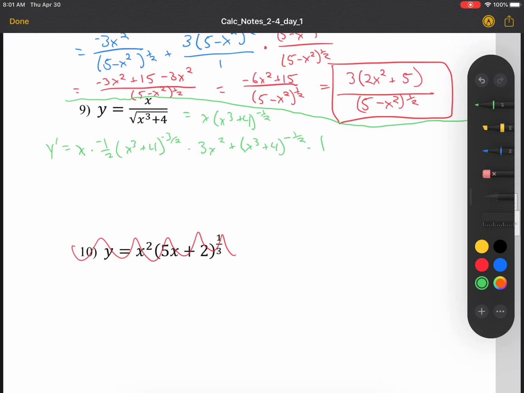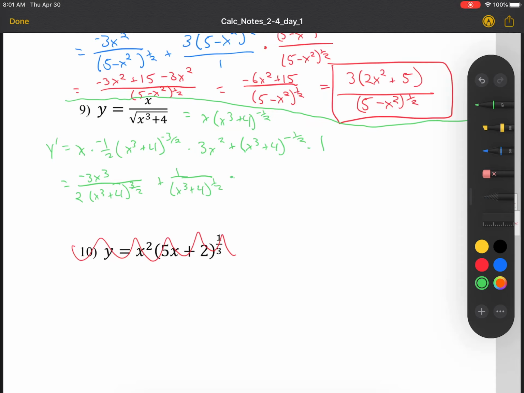All right, we go to our next line. We're simplifying. We got negative 3x squared over 2x cubed plus 4 to the 3 halves, plus 1 over x cubed plus 4 to the 1/2.